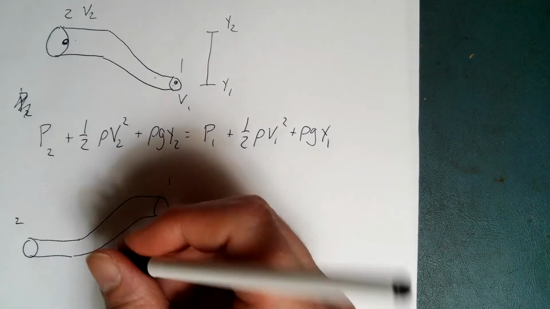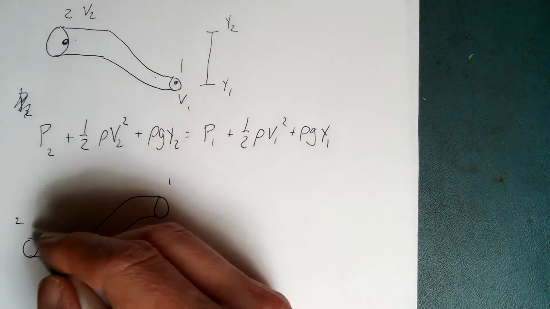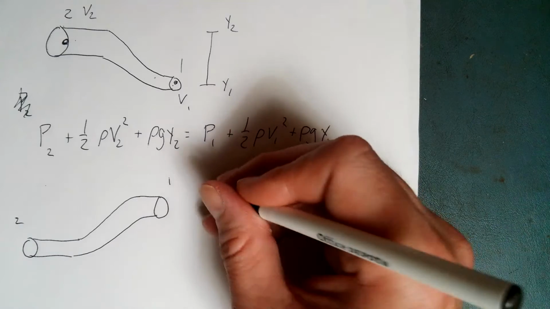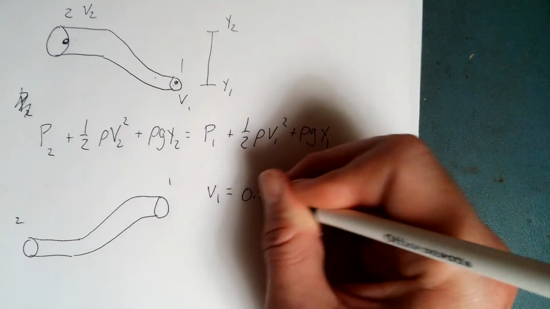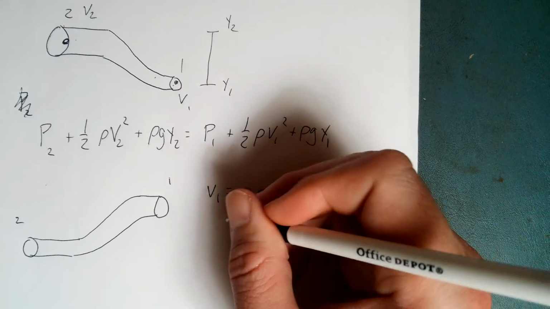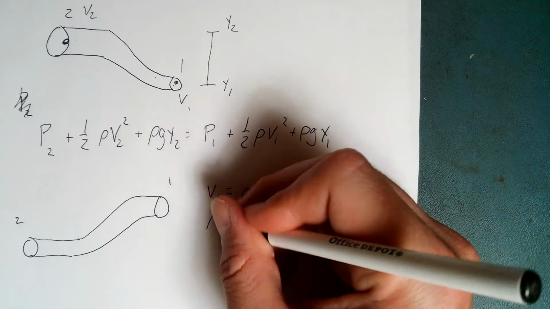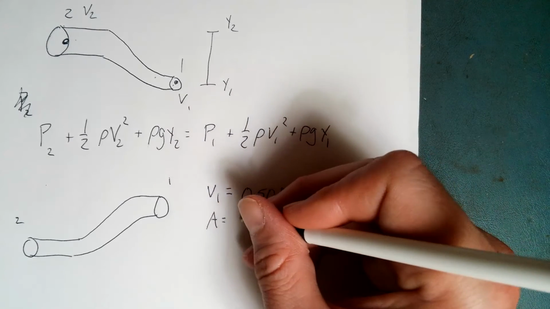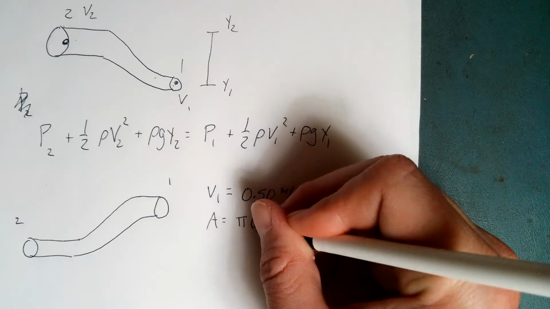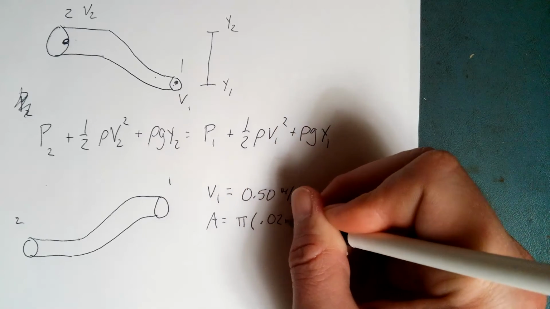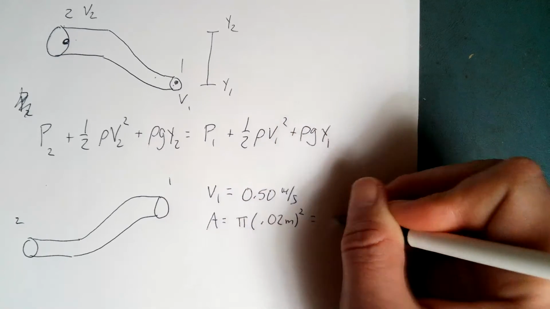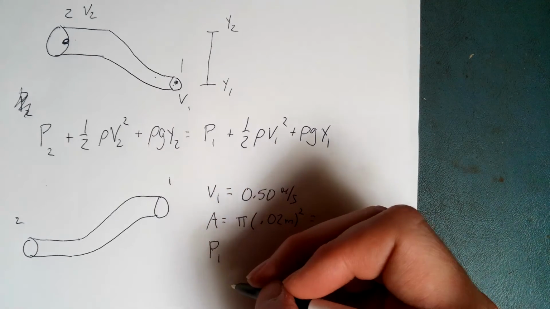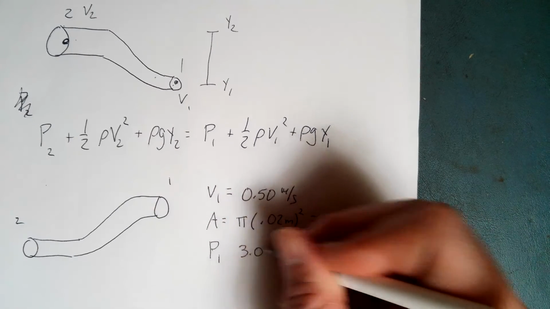Now let's see what we know. Just keep in mind, 2 is basement and 1 is upstairs. We have area, and this is a diameter in centimeters, so area is pi radius squared, and you'll get some value there. Do we need pressure? Yes, pressure 2 is 3 atmospheres.